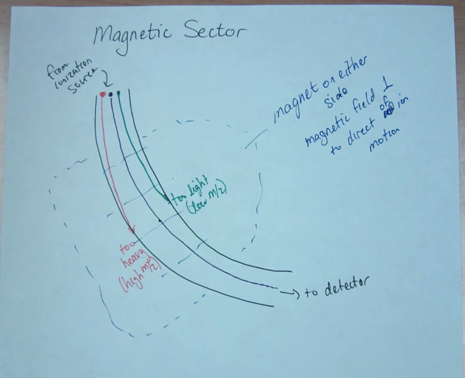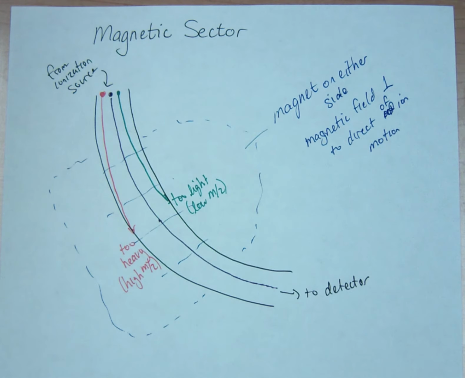We would use here what we would call a scanning magnet that adjusts your strength of the field so that we can change which mass to charge we're looking for at any given time. We can scan from low masses to high masses and see a whole range of the mass to charge ratios reaching the detector.